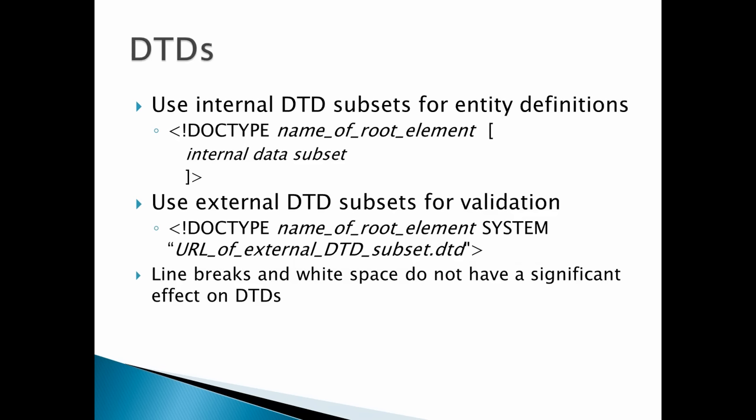If you're using an external DTD for validation, again, you're going to use the same kind of doc type line with the name of your root element, and then perhaps the word SYSTEM, followed by, in double quotation marks, the name of your DTD file or the web address of it.